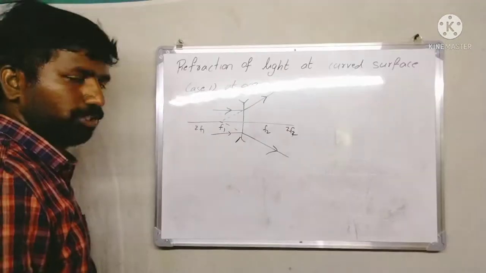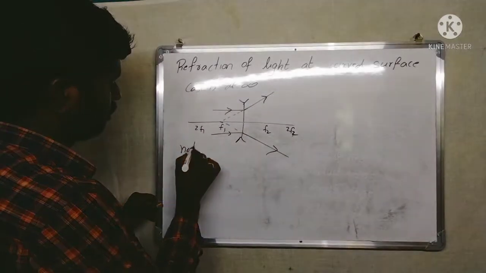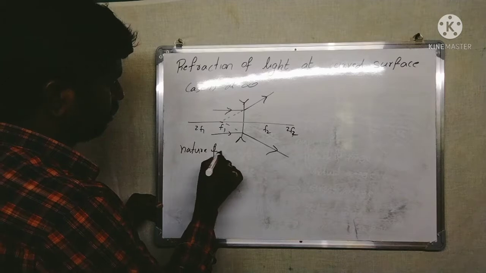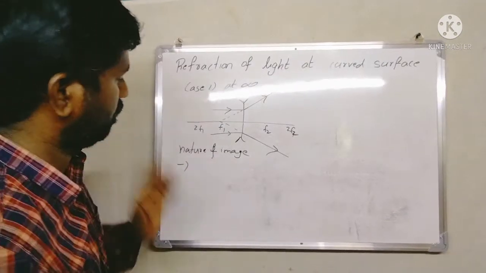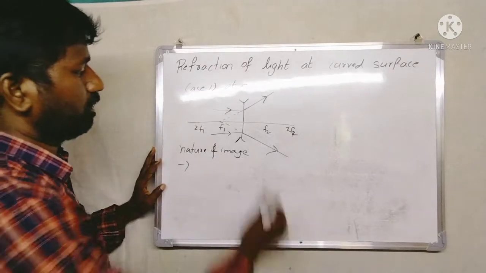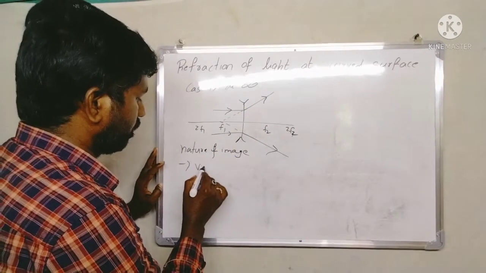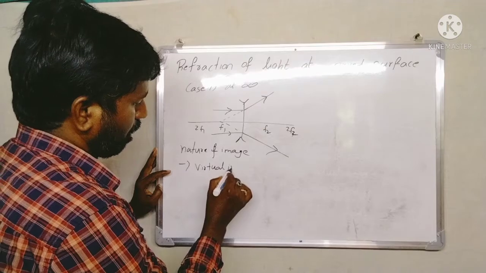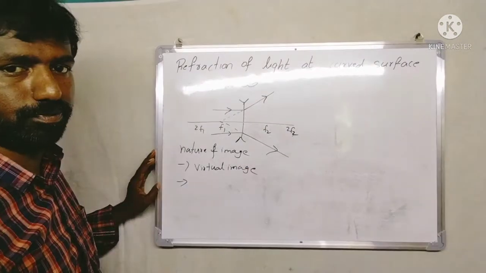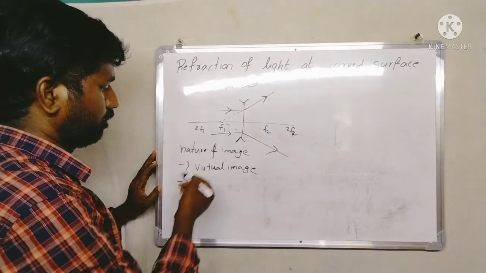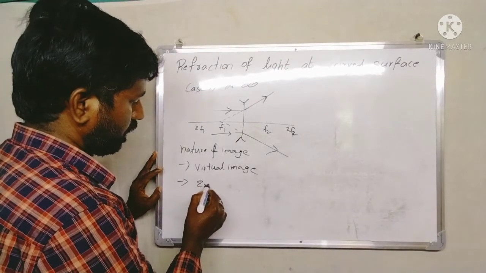What is the nature of the image? Here the nature of the image is virtual image. Why? Because the extended refracted rays are intersecting, no? Virtual image, and a point image we will get. Virtual means simply you have to consider it is an erect image.